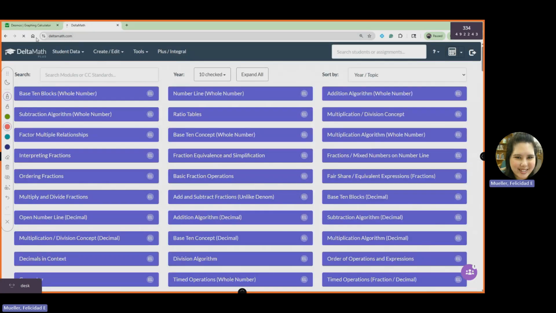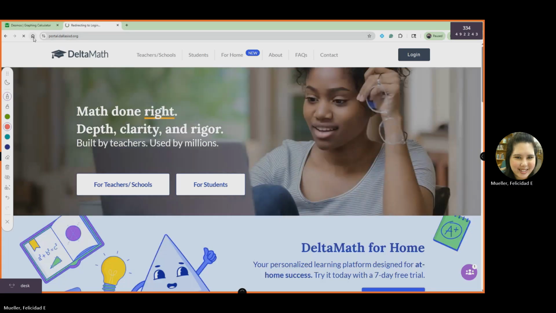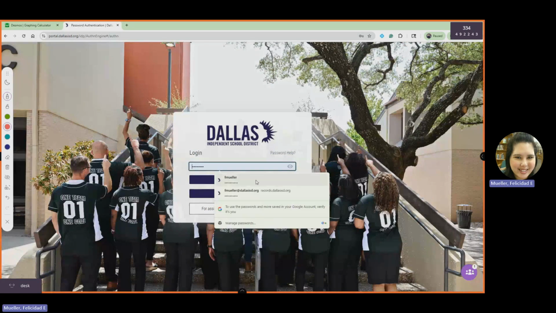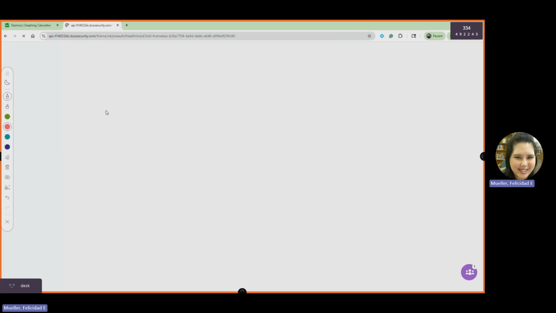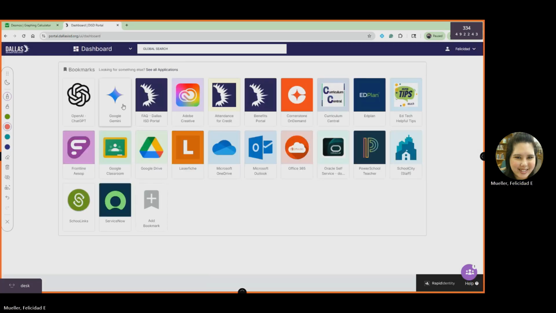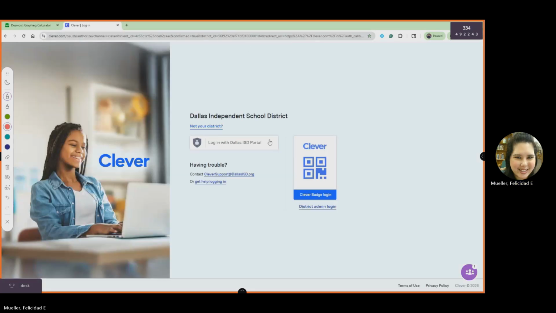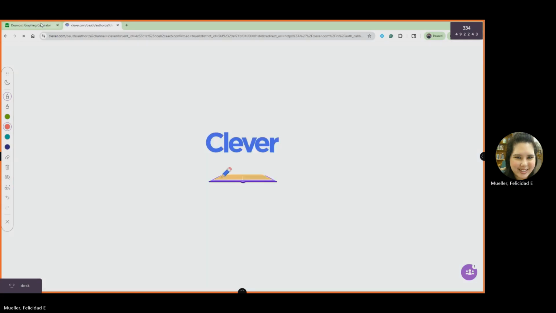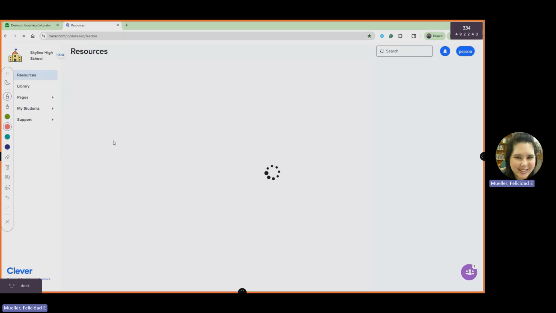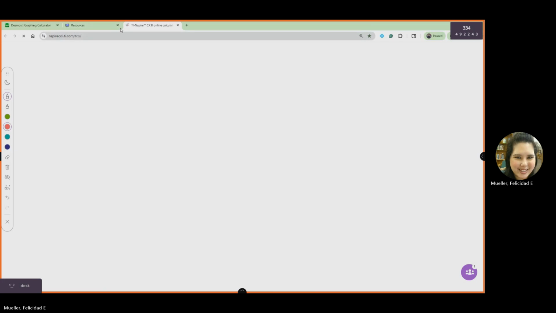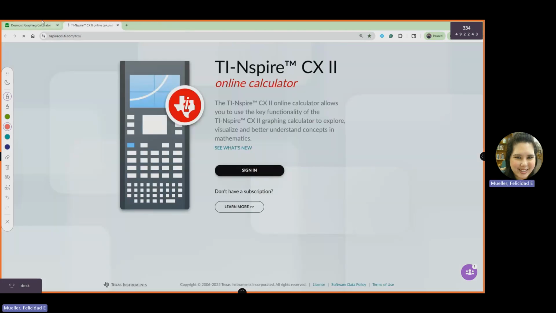I want to go to Clever so I can pull up the school calculator to show you what we mean by that before and after portion. All right, sorry for that.